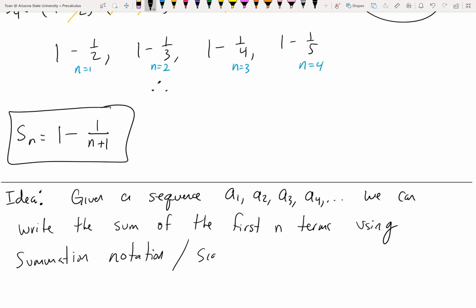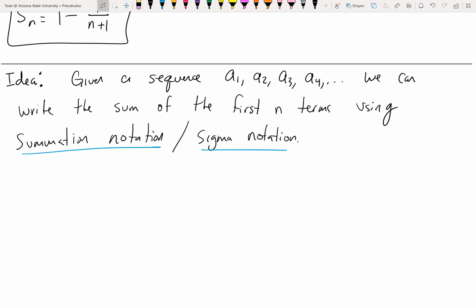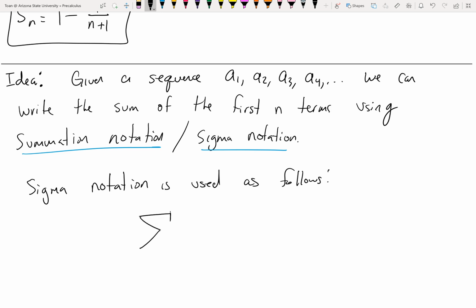also called sigma notation. Those are the keywords there. Sigma notation is used as follows. Use the capital Greek letter sigma, looks like a fancy E. You have some sort of variable, a dummy variable, doesn't matter, i, j, k.